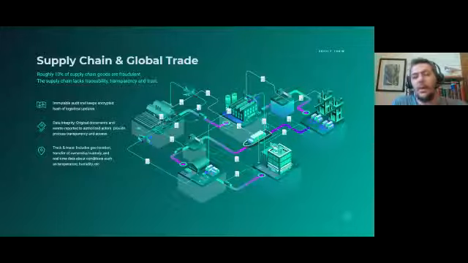This is another key vertical for IOTA: supply chain and global trade. So, well, we know what this is. Here, the key is to have an immutable audit trail of what is going on with stuff. What happened with the stuff we got on the table?